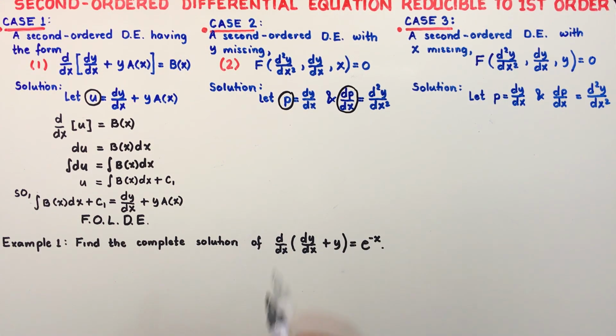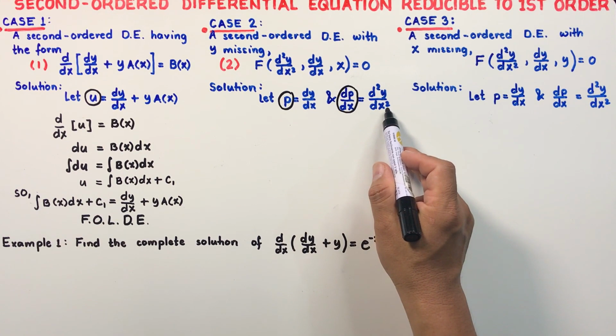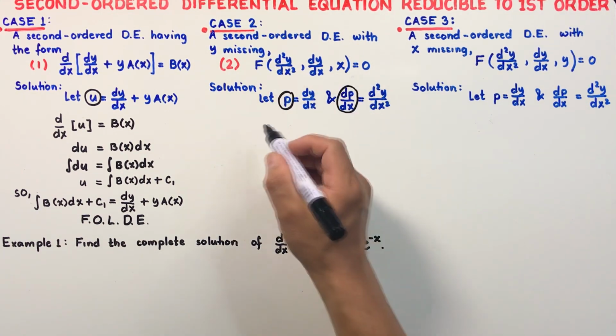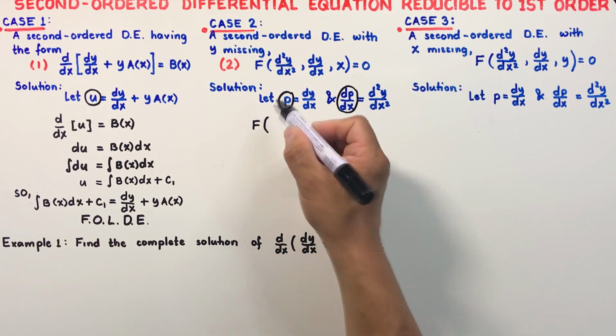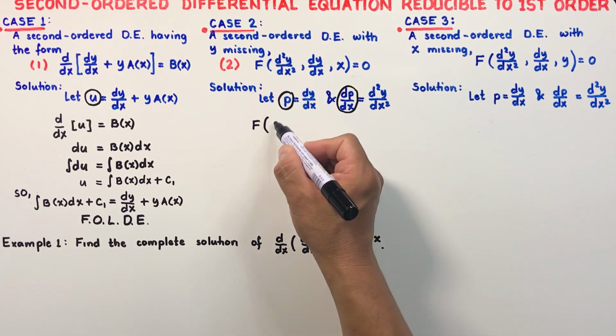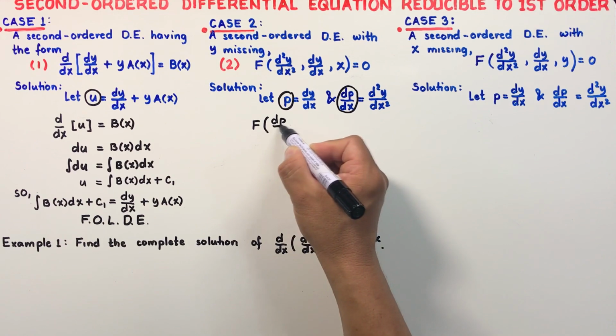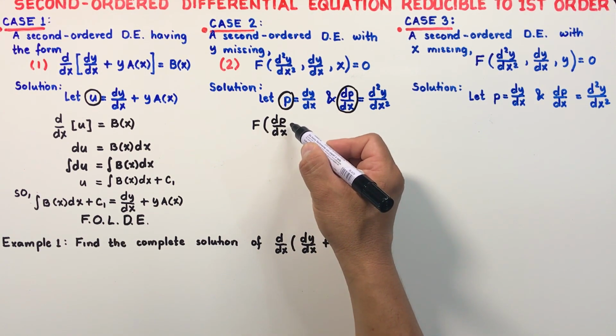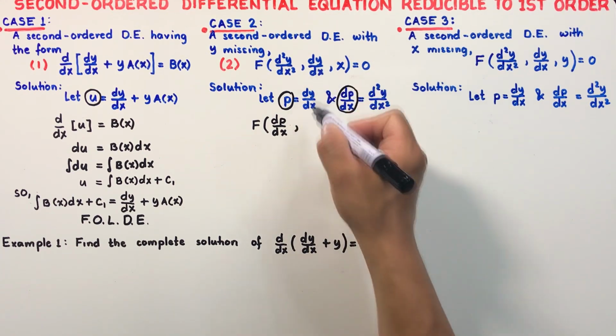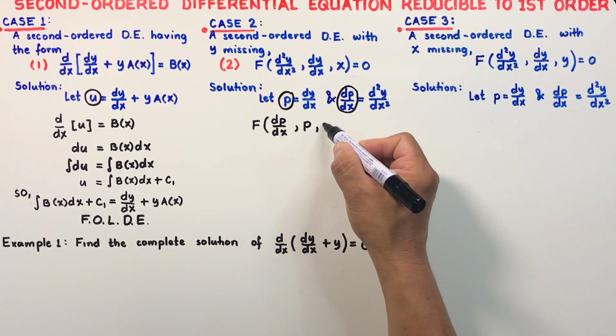So substituting these representations into our differential equation, instead of writing the second derivative, I will write dp/dx, which is the first derivative of p. And the first derivative is now our p.